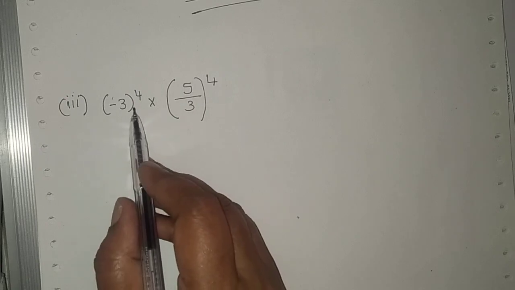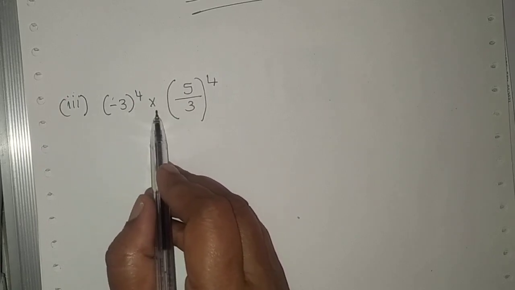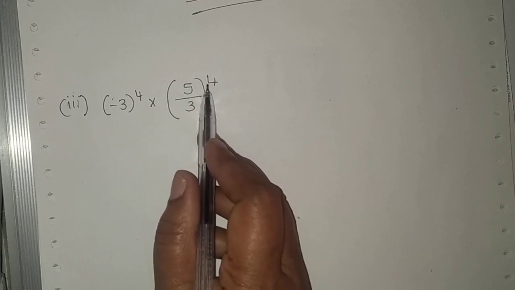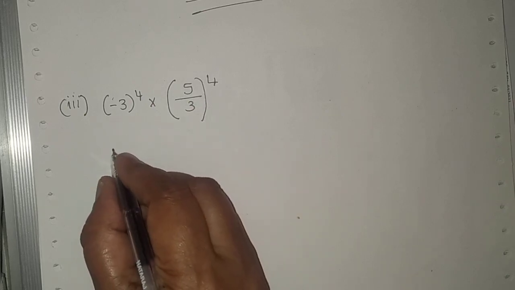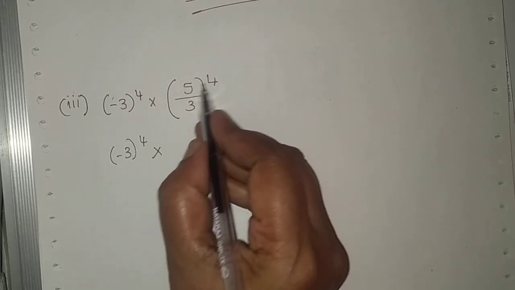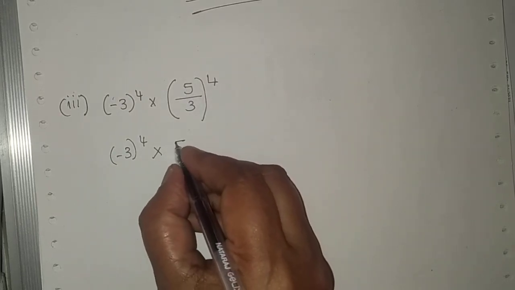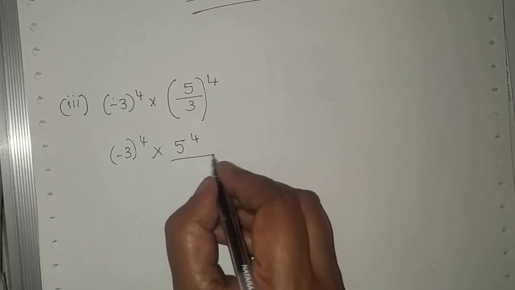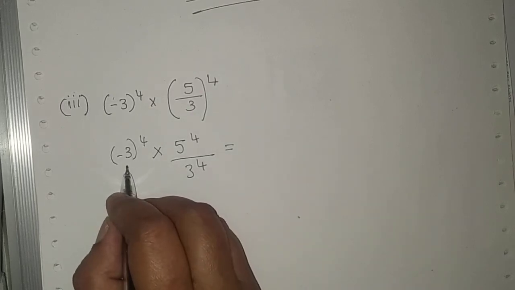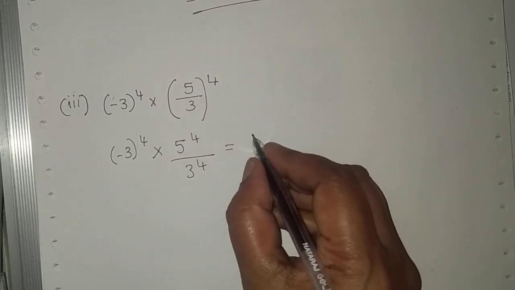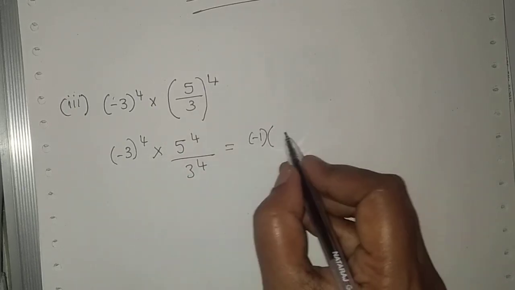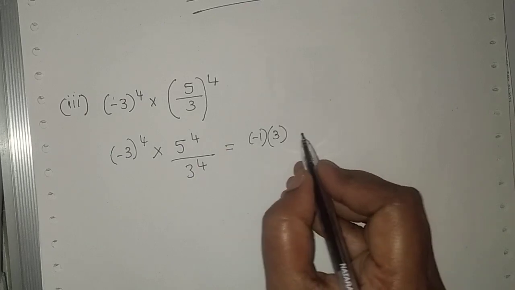Third question is (-3 to the power of 4) into (5 by 3) the whole power 4. Therefore first is (-3)^4 into, bring the power inside the bracket, 5 to the power of 4 by 3 to the power of 4 is equal to, now take minus 1 common outside, minus 1 common inside and write into 3.